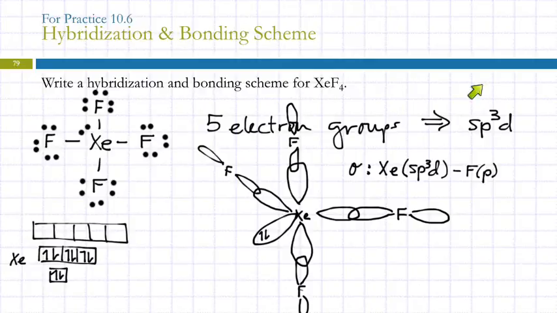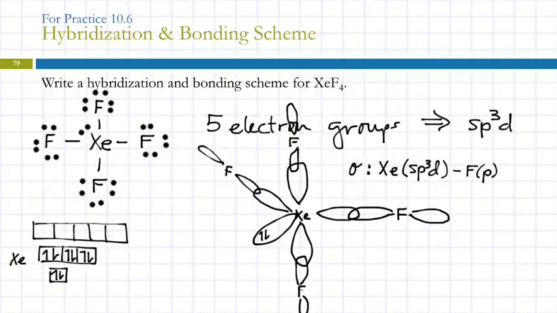We're choosing this sp3d hybridization because when we looked at the Lewis structure, we saw there were 5 groups. So we know we need to have 5 hybrid orbitals. So 1, 2, 3, 4, 5. Those are the things I need to hybridize.